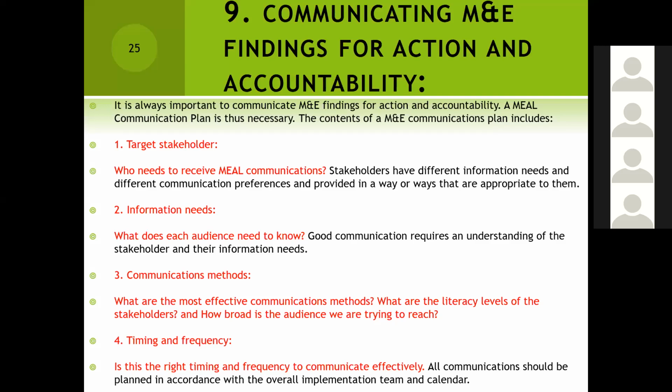Then again, it's also important to ensure that we look at the information needs. That is, what does each audience need to know? Good communication normally requires an understanding of the stakeholder and their information needs as much as possible.